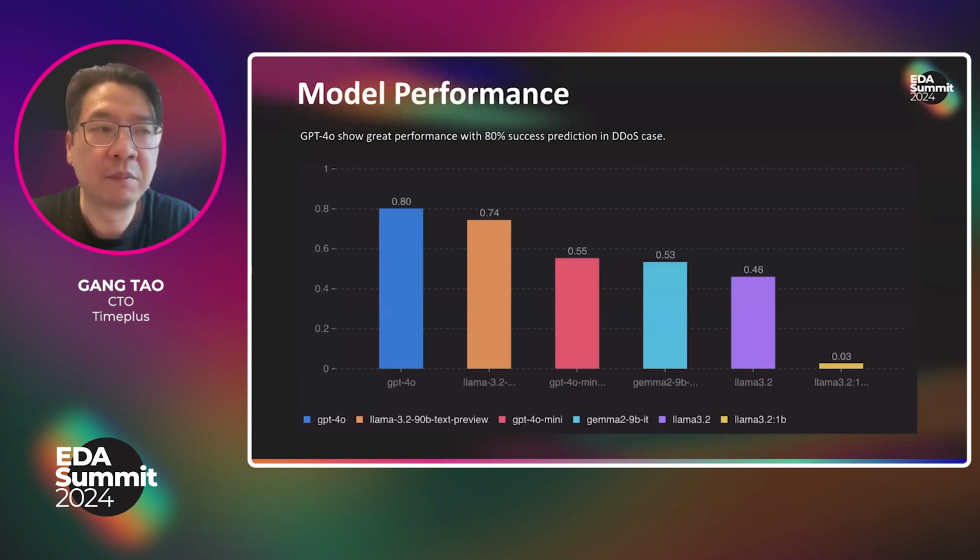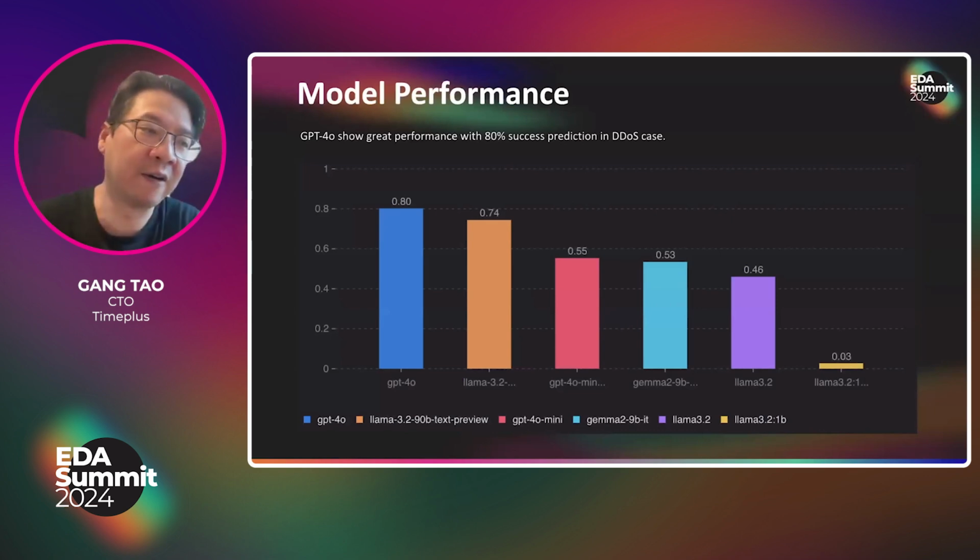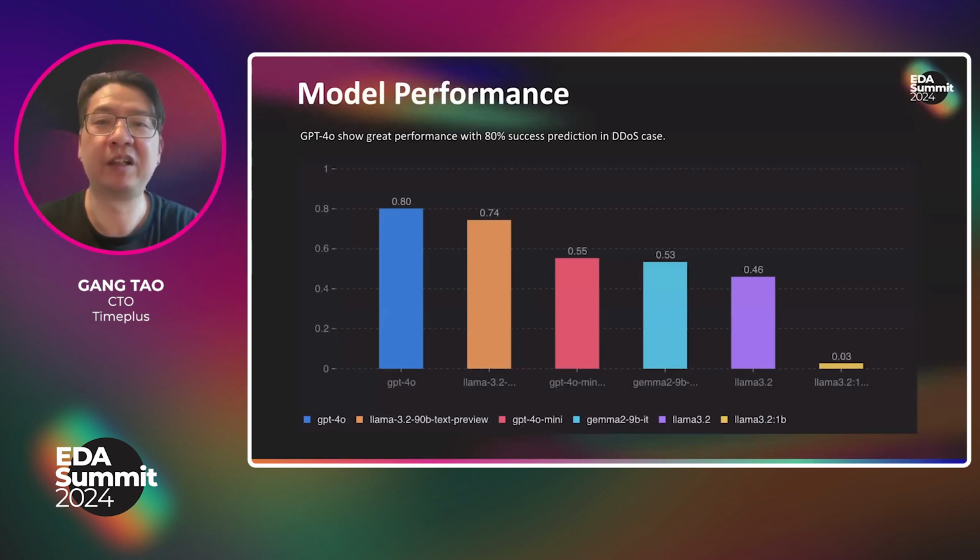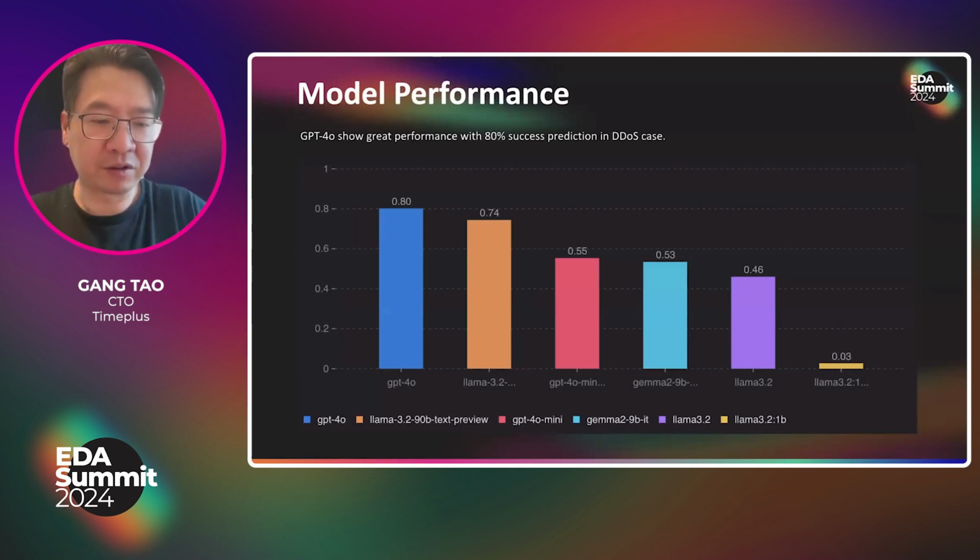We didn't pre-train the model. The model is a generic model, right? The only learning is what we call in-context learning. It fully depends on those samples we provide to the large language model in real time, right? So that means 80% is already a very good job.